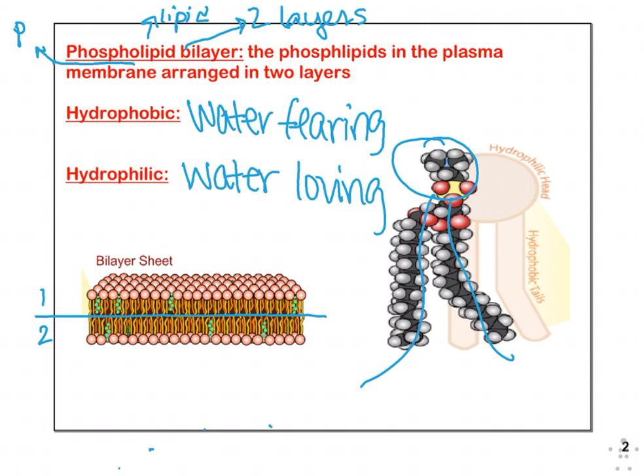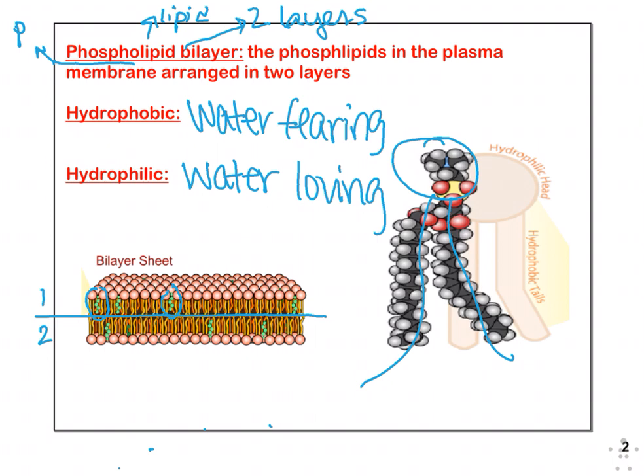These molecules automatically arrange themselves so that the tails point towards each other. And then the heads, which like the water, are on the outside of each of the layers. Does that make sense?